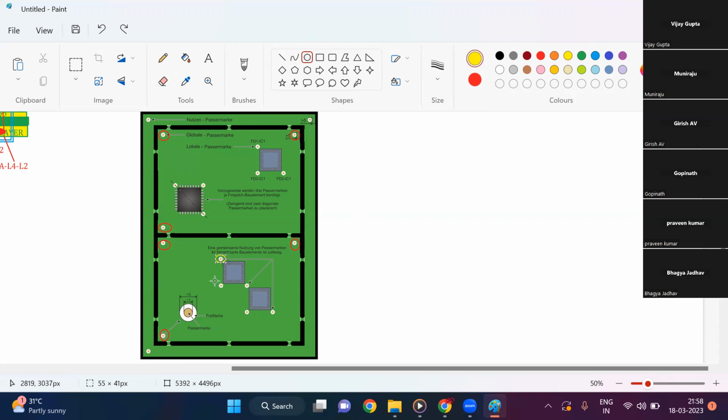See this. All of this is local fiducial. Local fiducial is used for particular components, fine pitch components, small components, because they need to be placed precisely with the help of BGA machines or pick and place machines. Because their pads are very small, there is a high possibility of shorting their pads and connections, right? So in that case, they are providing local fiducials.